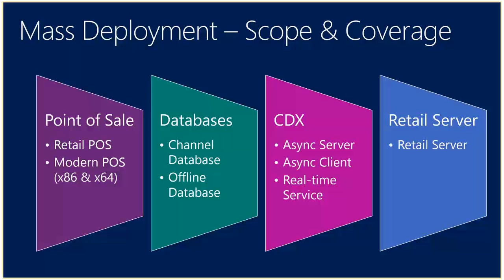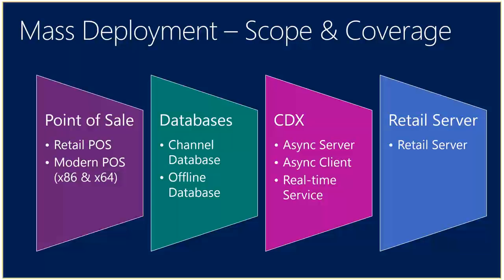Second bucket is the databases. So we have the retail channel database, which formerly used to be the retail store database and the online channel database. So that's now just the retail channel database. We're able to deploy that using the retail mass deployment feature area. We're also able to provision and deploy an offline DB for use with a retail point of sale system using this feature area.